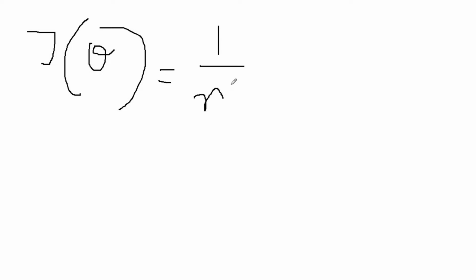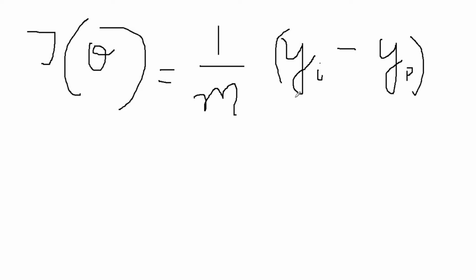So linear regression cost function j of theta can be written as mean squared error. I'm sure you guys will know what is mean squared error. For one instance it will be y actual, I'll write it as yi, minus y predicted, and this will be squared, right?